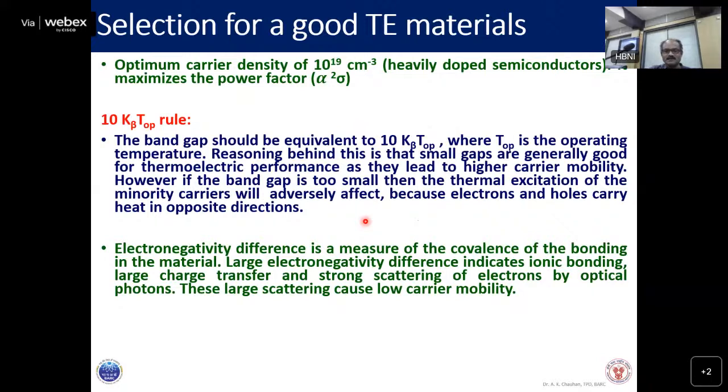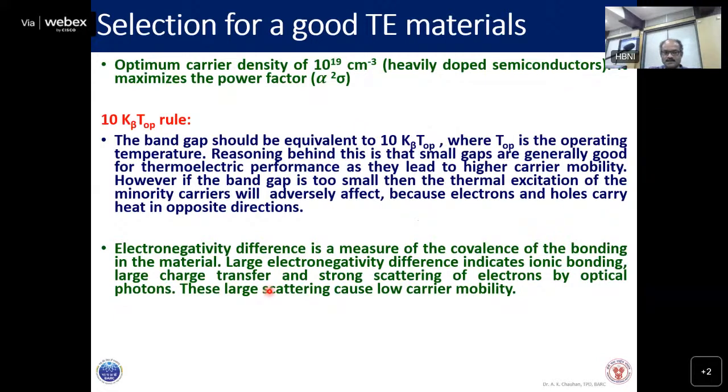Then, electronegativity difference is a measure of the covalence of the bonding in the material. Suppose you are using two elements. If there is a large variation of electronegativity, then there is also a problem. A large electronegativity difference indicates ionic bonding, as you know from basic chemistry.